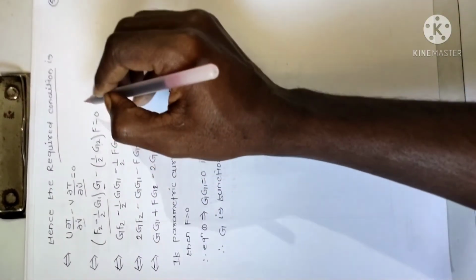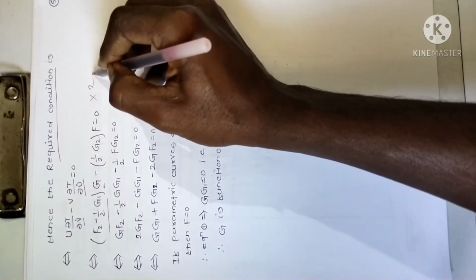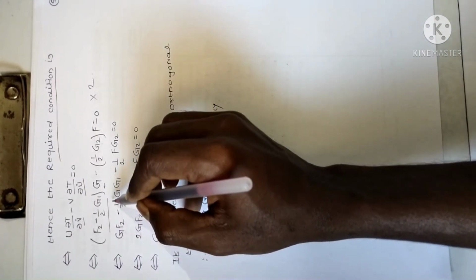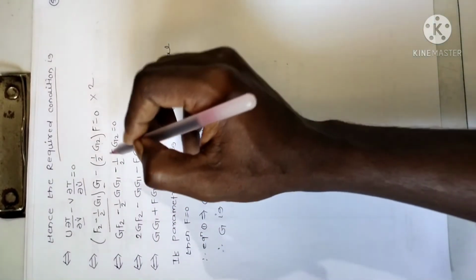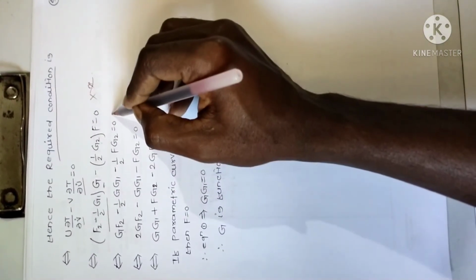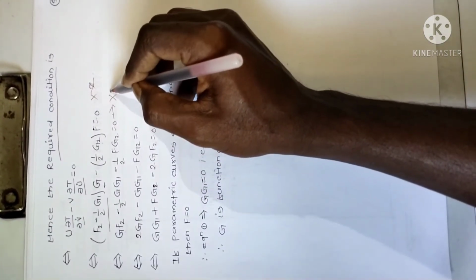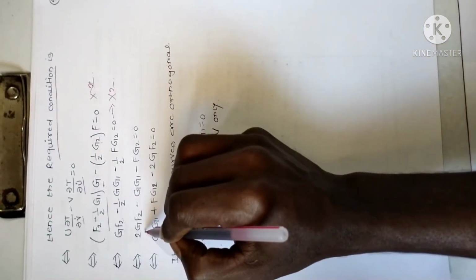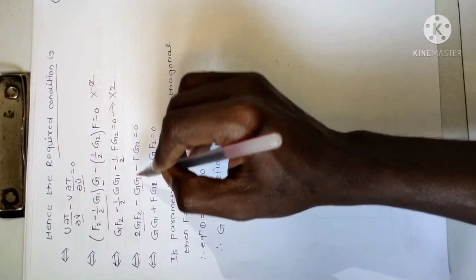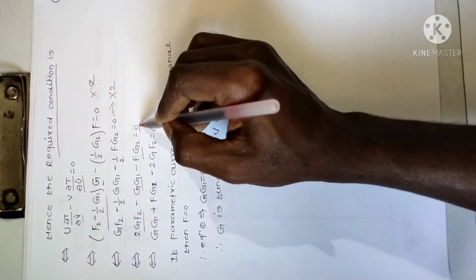In this equation multiply by 2 on both sides. So 2G F2 minus G G1 minus F G2 is equal to 0.